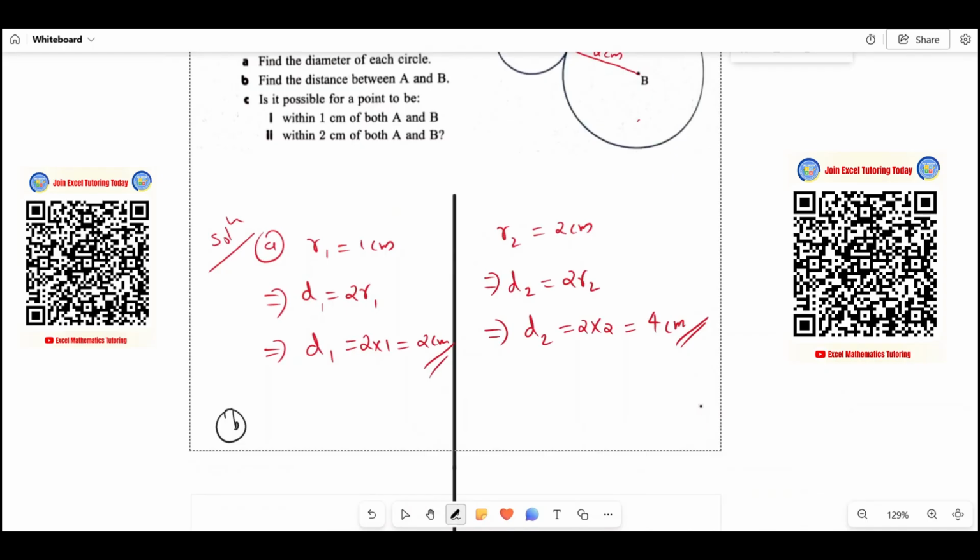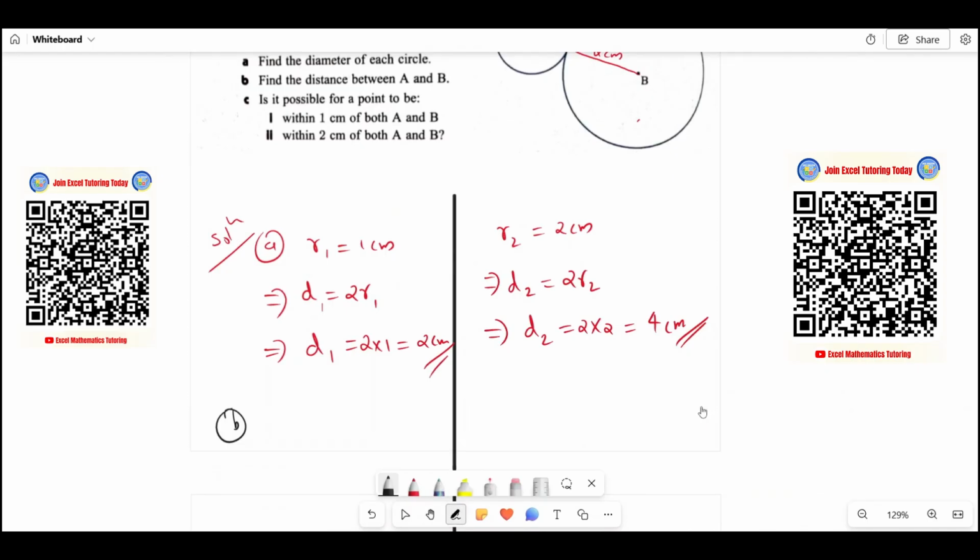The total distance is 1 plus 2, that is 3 centimeter.